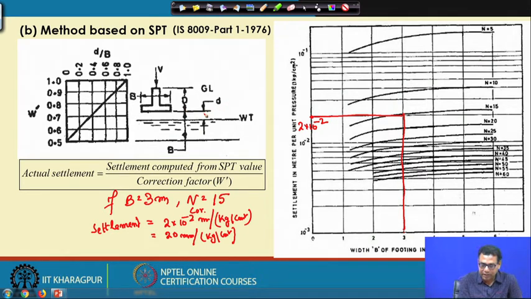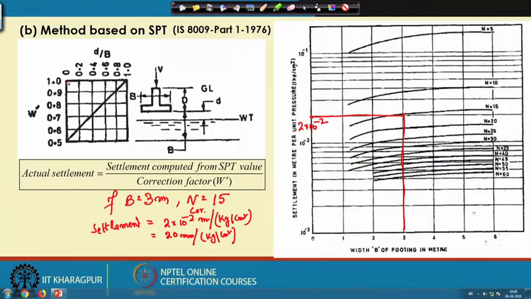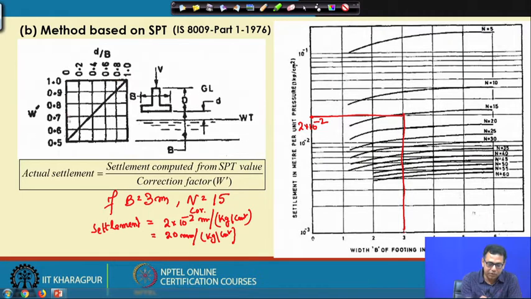If D is 0, then this is 0.5, similar to the other IS code values. That means if your water table is at the base of the footing or above, then it is 0.5, and if it is at a distance B from the base of the footing, then it is 1. So, it varies between 0.5 and 1.